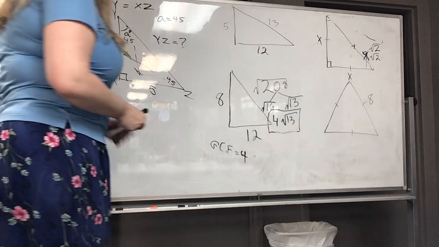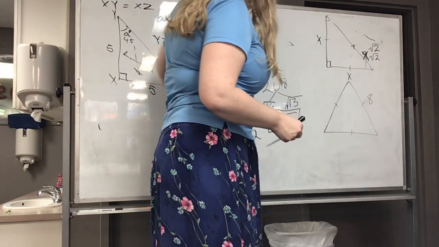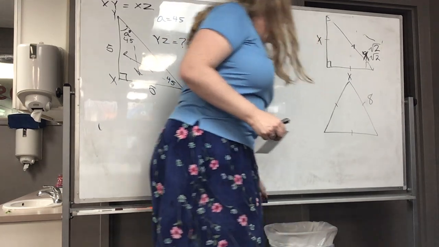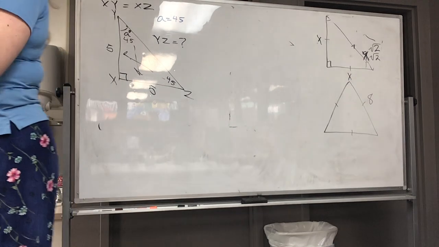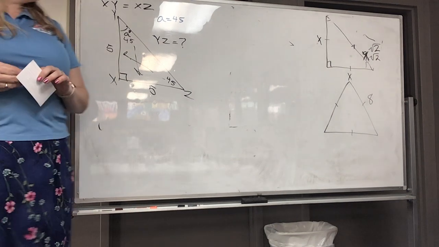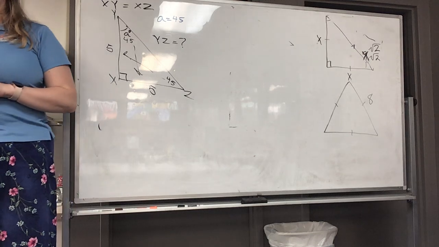So, next one, just clearing out some clutter. Down here, we have an equilateral triangle or an equal-sided triangle. Anybody remember what the angles of an equilateral triangle are going to be?